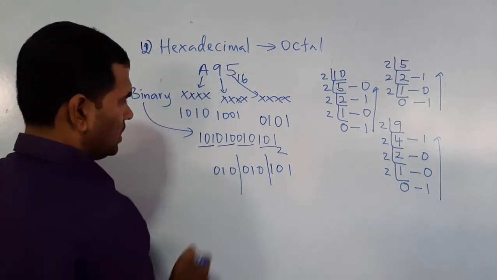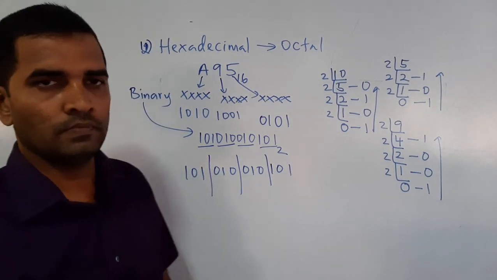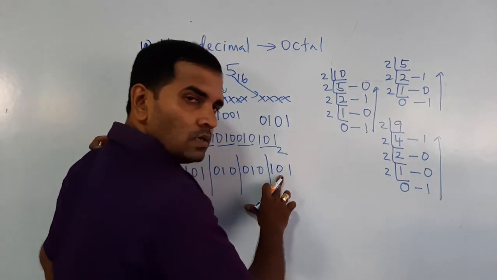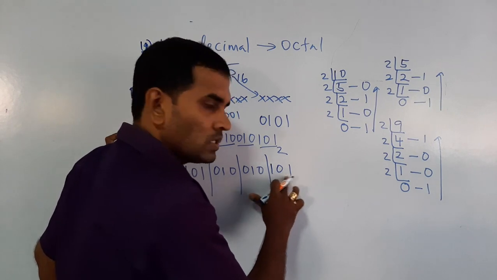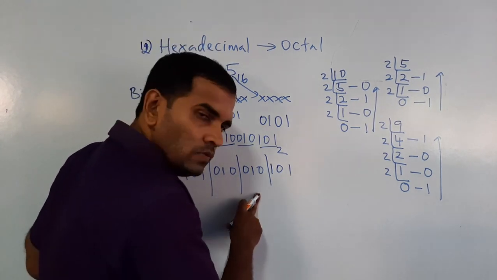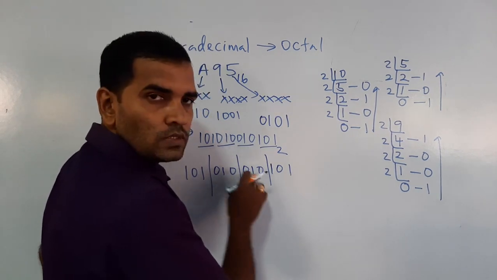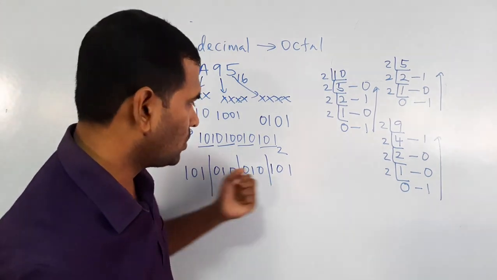At the beginning you have 1, 0, 1. We have to find the single octal character which represents 1, 0, 1, and likewise for 0, 1, 0, and for the others. So how to find them?